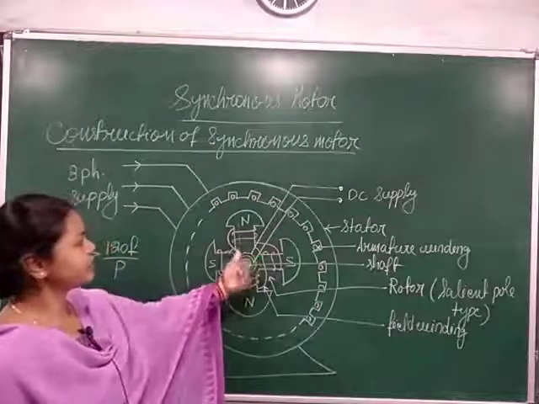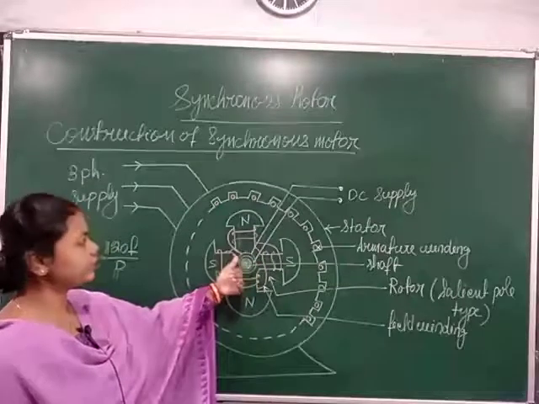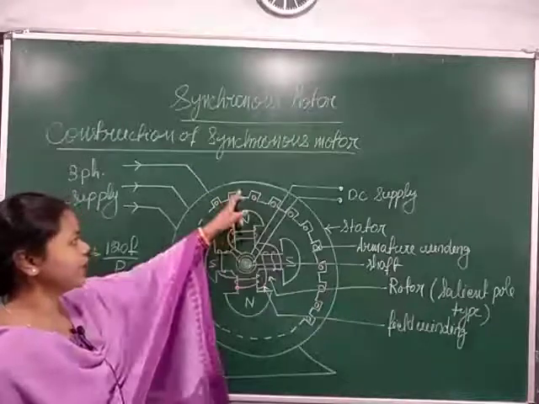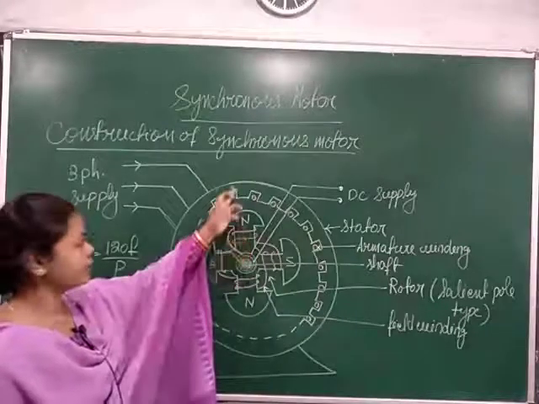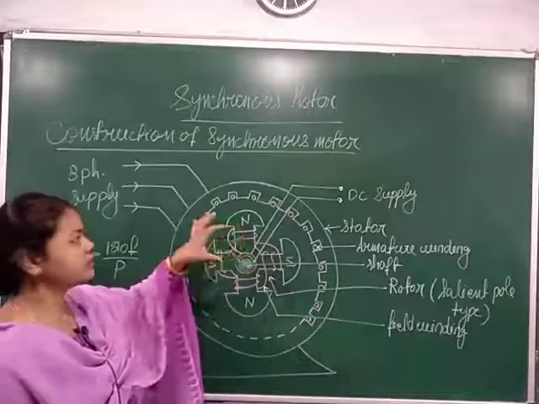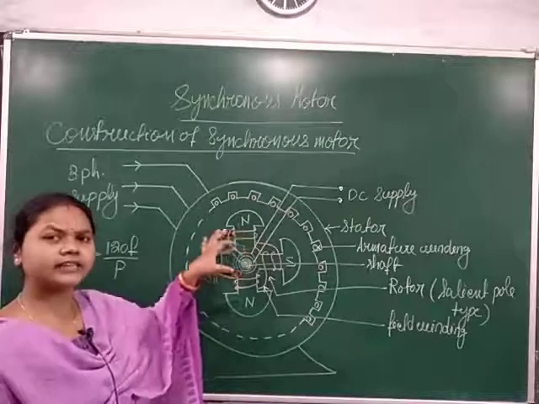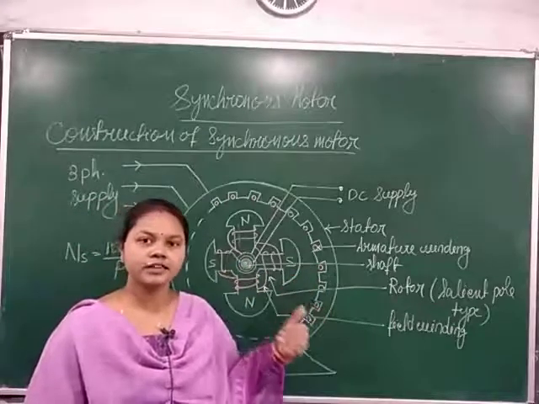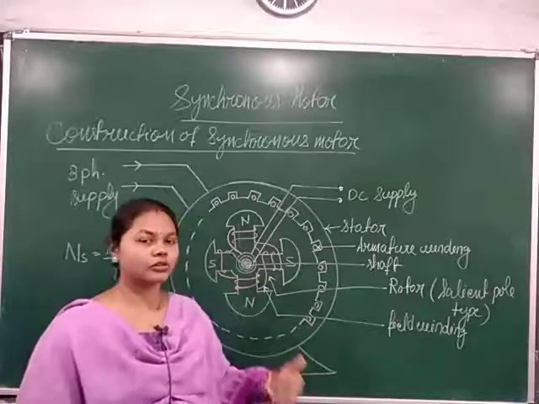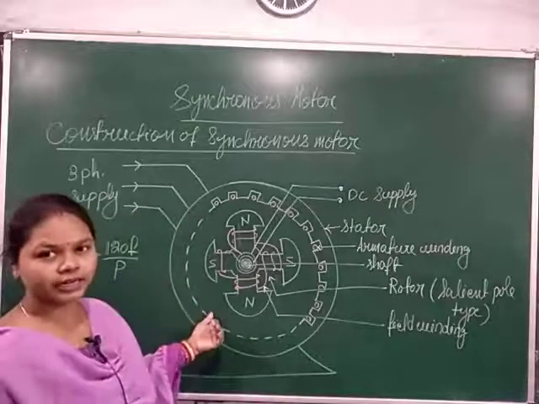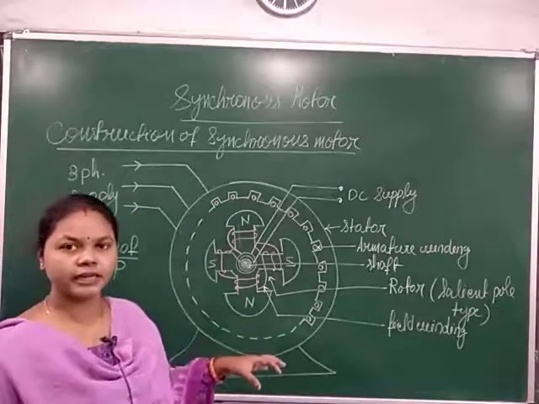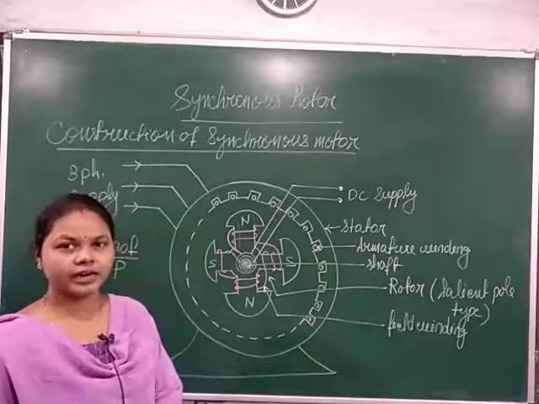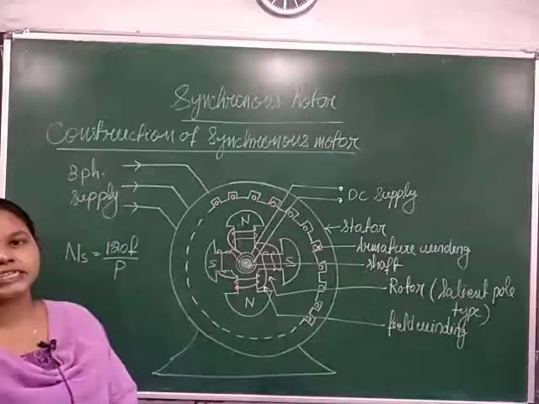Then if you excite the field winding, it also creates its field. And due to the locking of armature pole and field pole, the motor rotates synchronously. This we will briefly explain in the working principle of the synchronous motor. The synchronous motor rotates only at synchronous speed, hence it is called a constant speed motor.